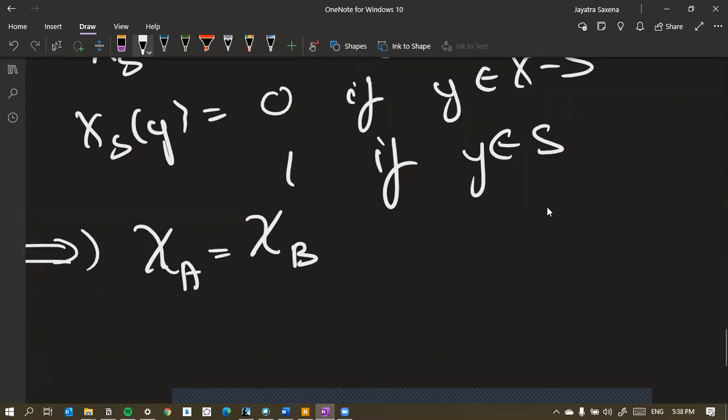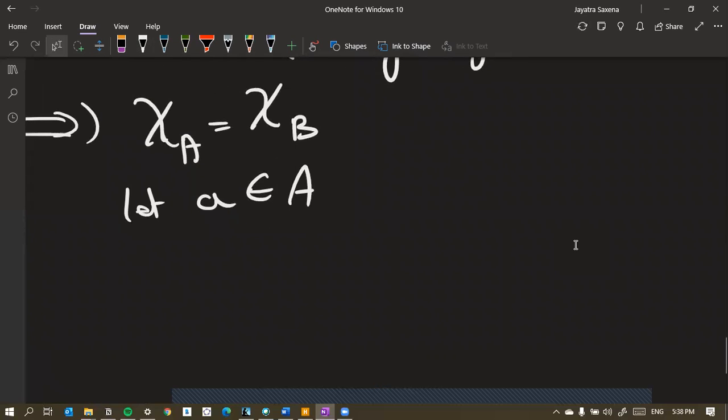Let's take an arbitrary element a. Let a belong to A. And what do we know about this?